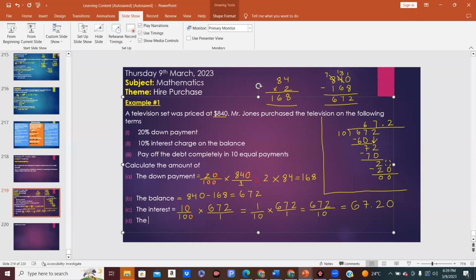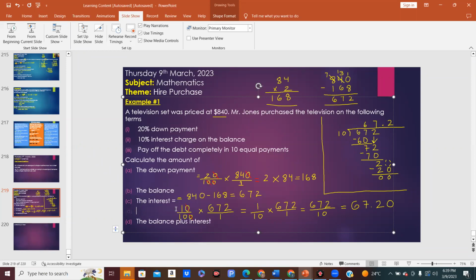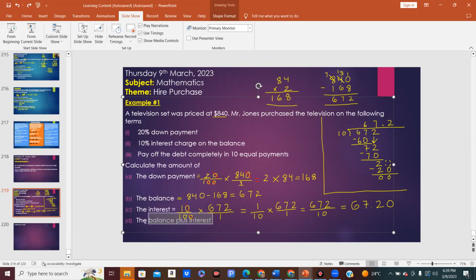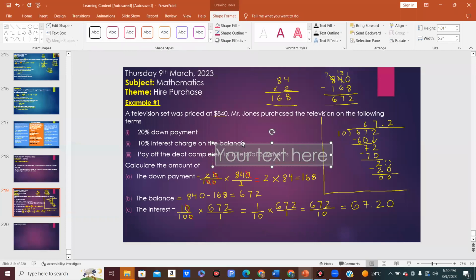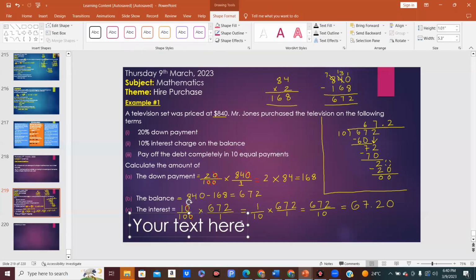So we want the balance plus interest. So D asks us to find the balance plus interest.